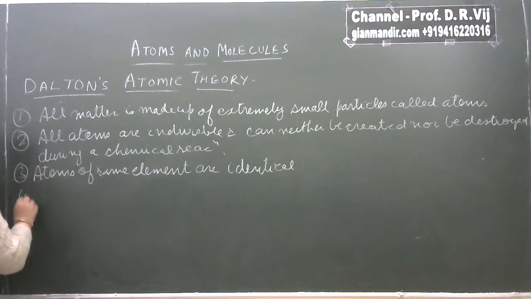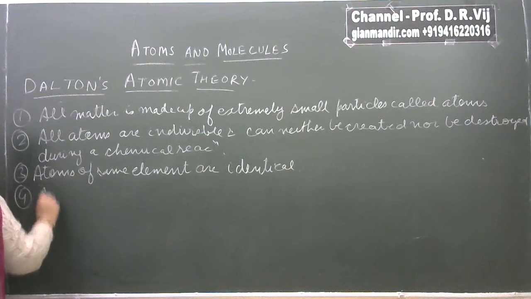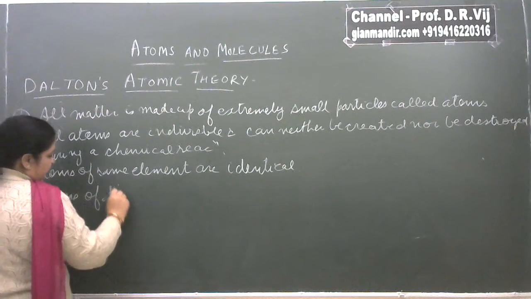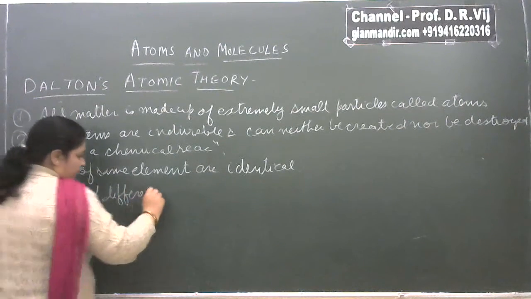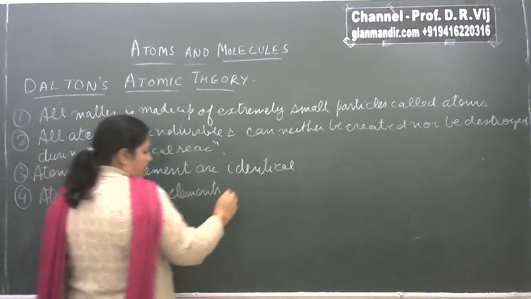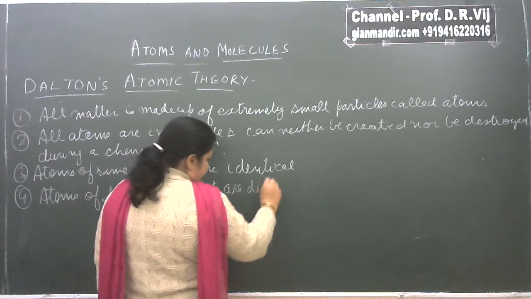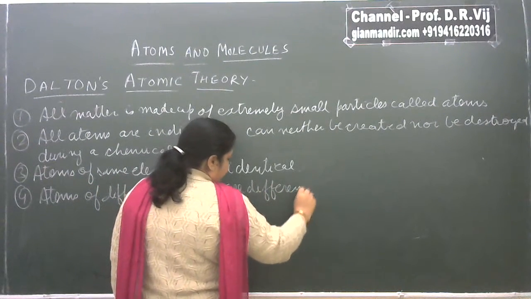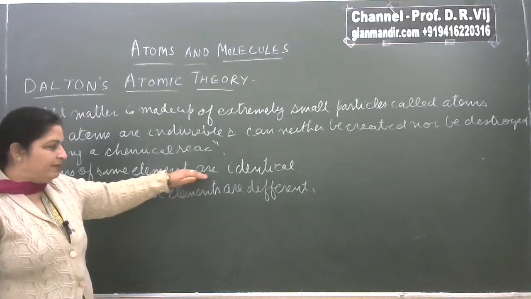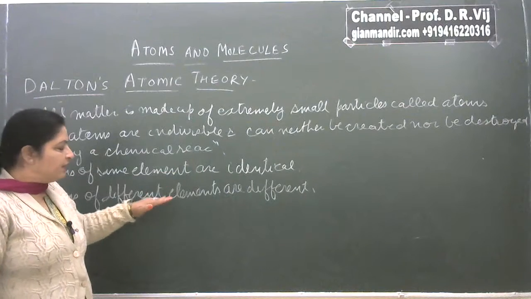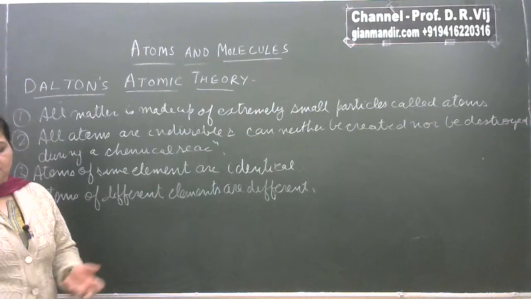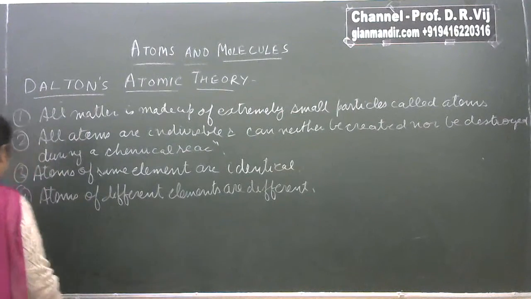And opposite to that, another postulate is that atoms of different elements are different in all respects, right? So when atoms of the same element are identical, at the same time atoms of different elements are different with respect to their shape, size, masses and all, right?